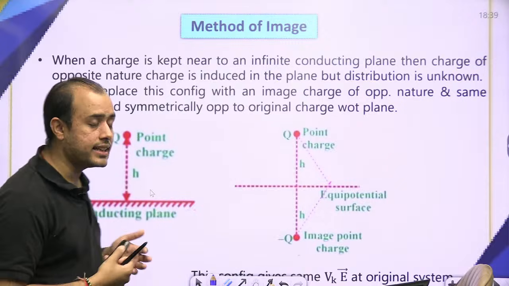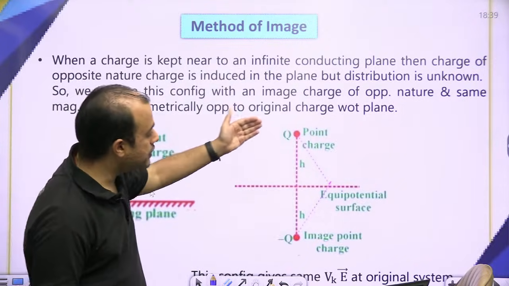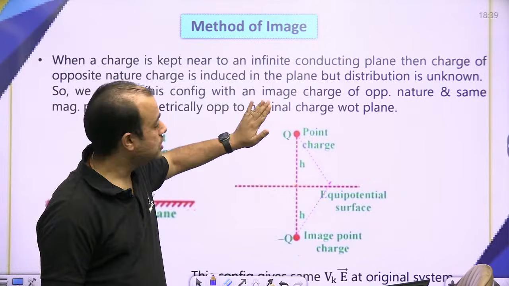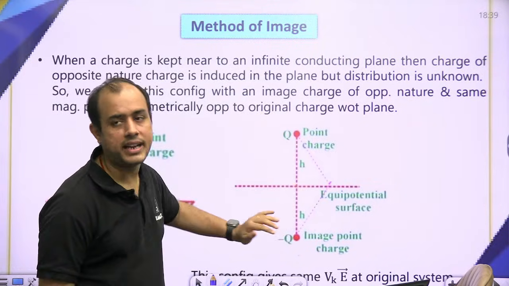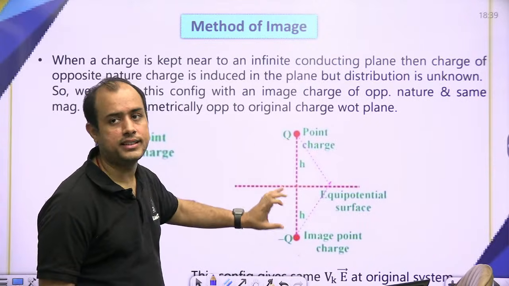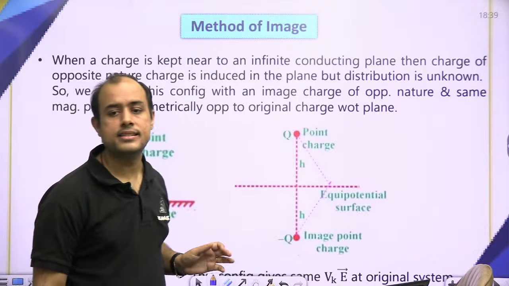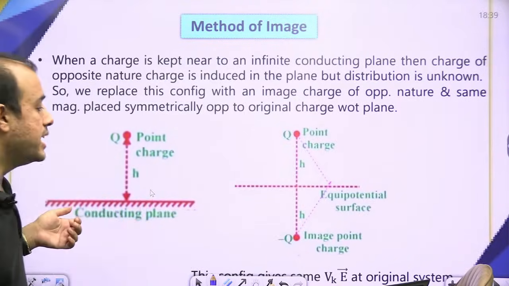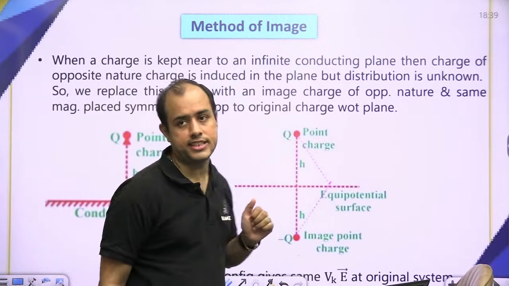So we take another situation where we take the mirror image of the point charge about the surface. So if this is q, the mirror image is minus q. It is kept the same distance below the surface as the original charge is above the surface. Original charge surface के जितना ऊपर, image charge surface के उतना ही नीचे.